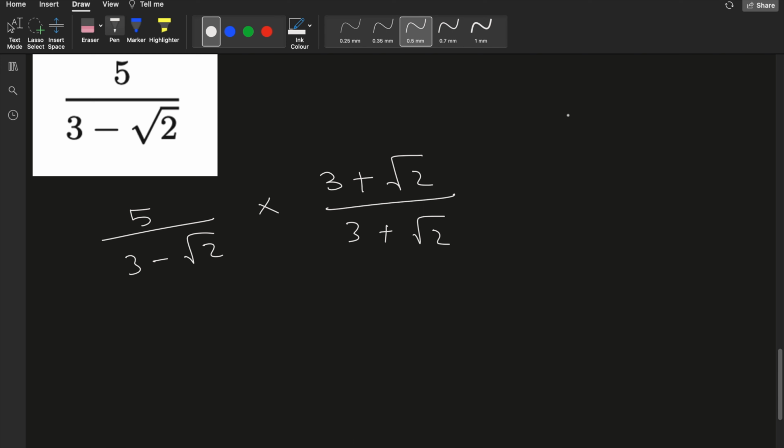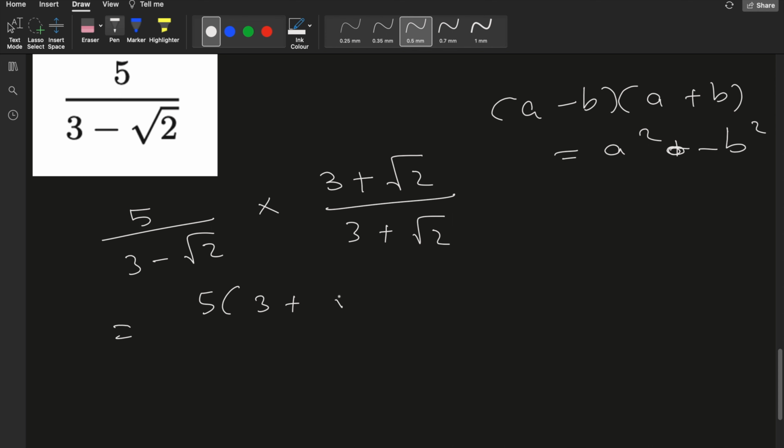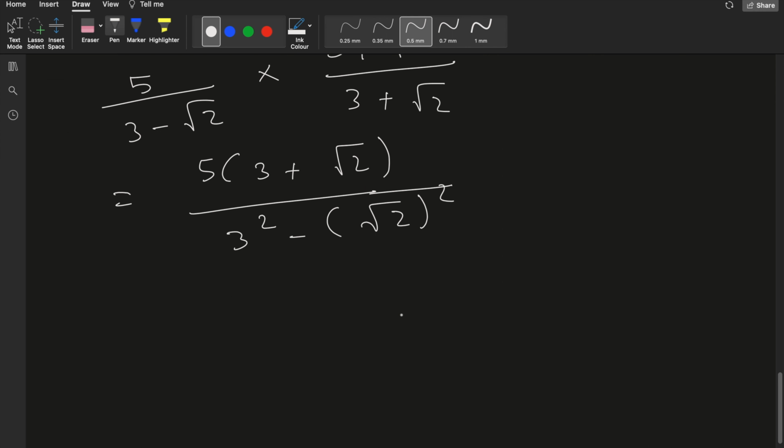So this would be in the form a minus b into a plus b, that would equate to a squared minus b squared. So now what we can do is 5 into 3 plus square root of 2 divided by 3 squared minus square root of 2 squared. Now we can simplify this.